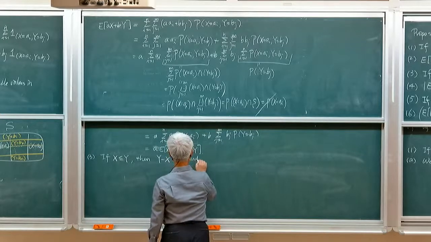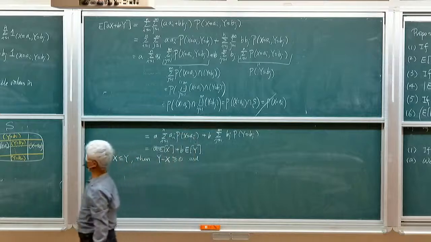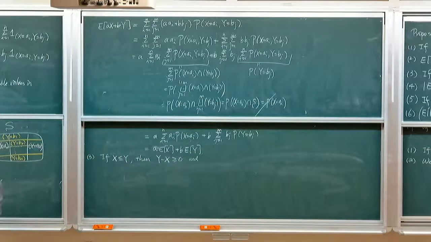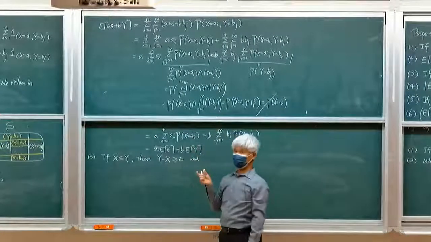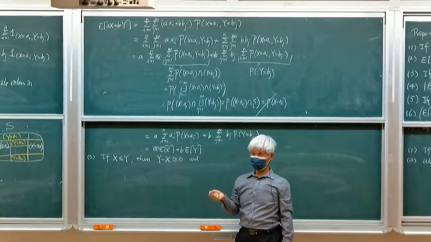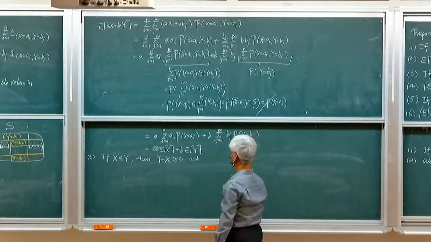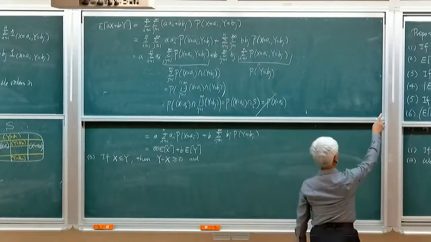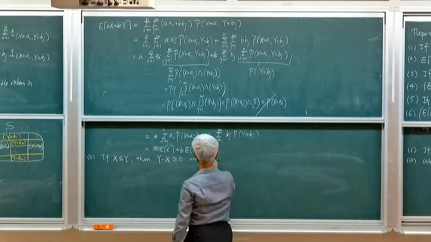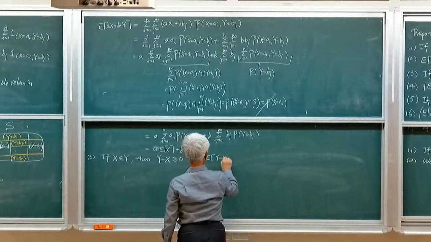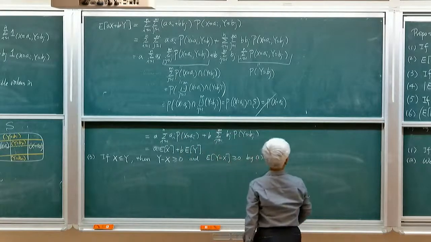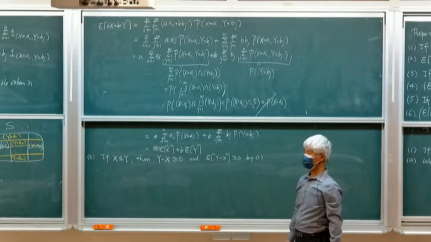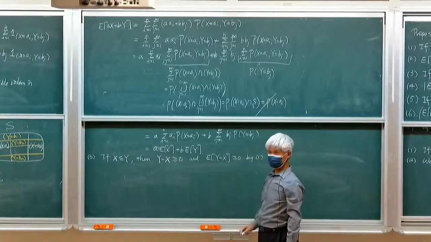And as we know, a linear combination of simple random variables is simple, so y minus x is also a simple random variable, non-negative with probability 1. So the expectation is greater than or equal to 0.